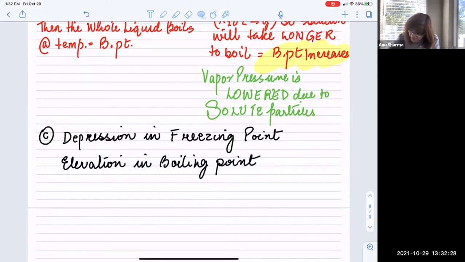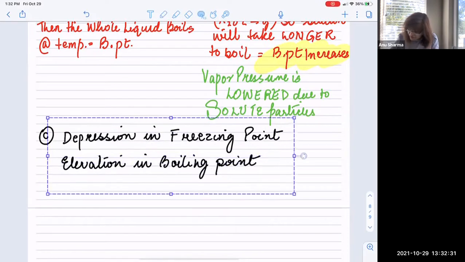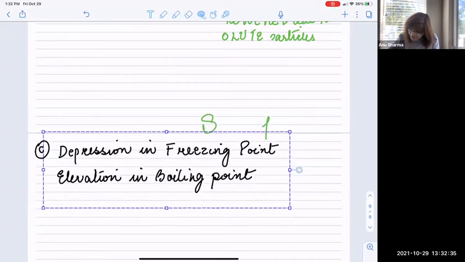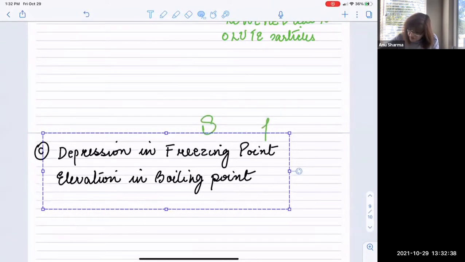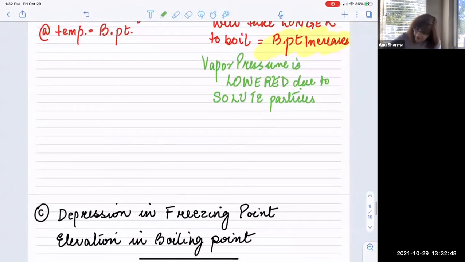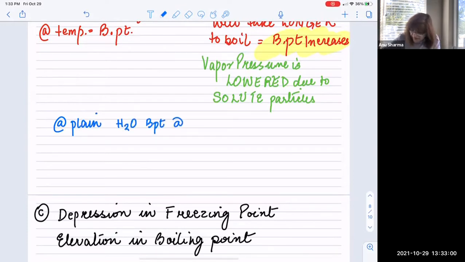Even before that, something I'm remembering is we need to get that piece out of the way. So here is the solute, the solute particles. Keep in mind that in the plains, water's boiling point is at 100 degrees Celsius.